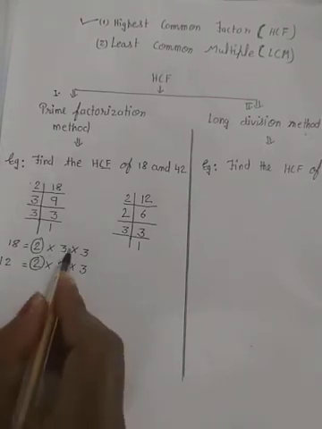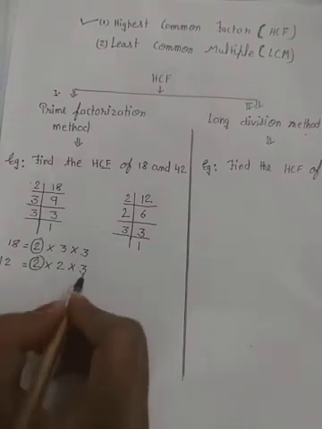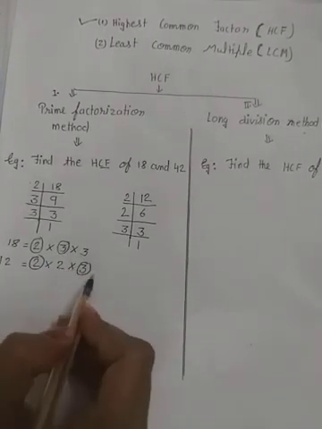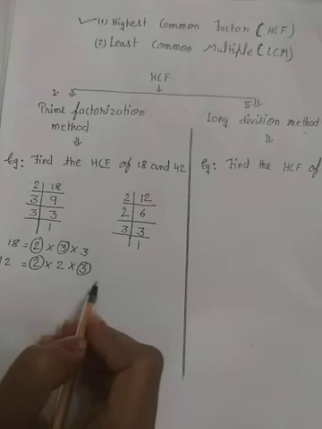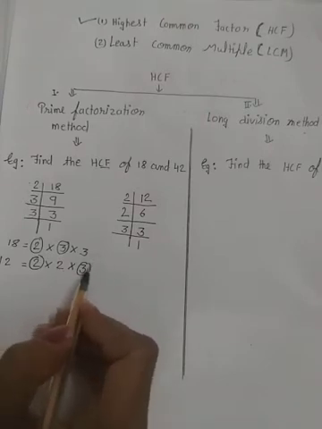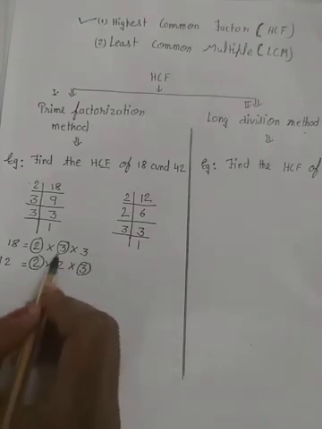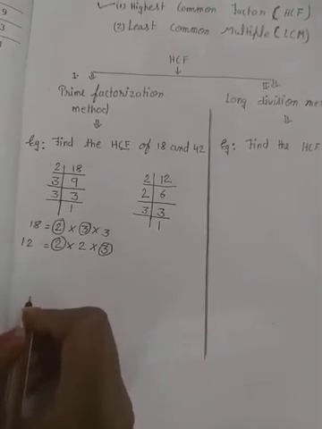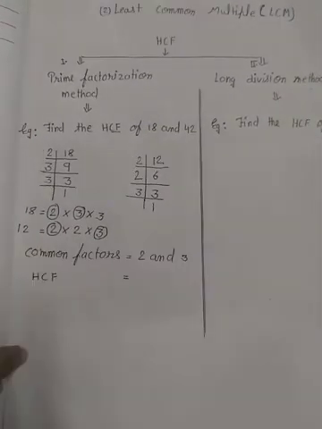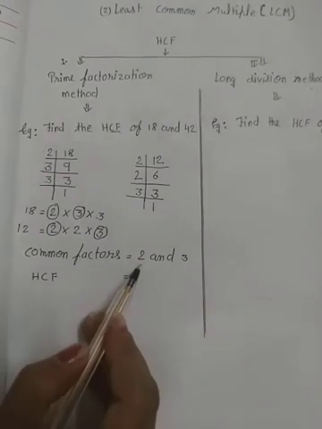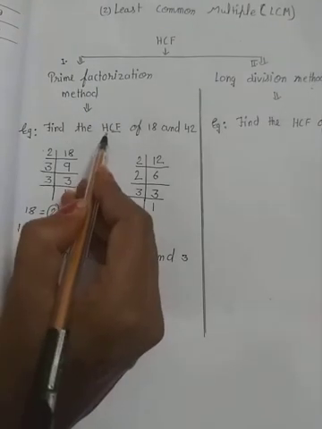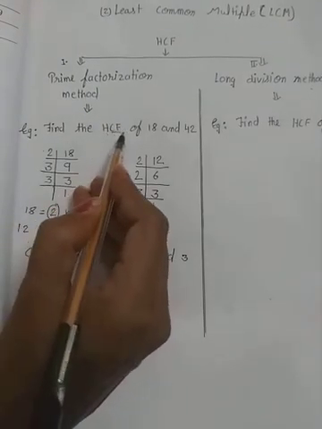Next, do we have another 2 in the other number? No. The 3 does not have another 3 in the other number either. So the common factors of 18 and 12 are 2 and 3, and we have to find the HCF, the highest common factor.